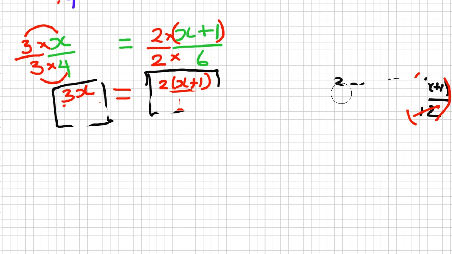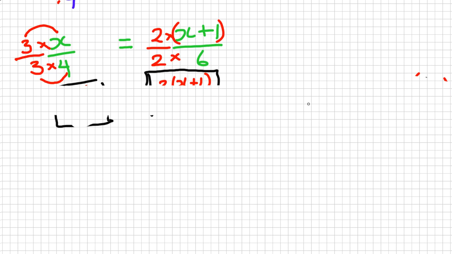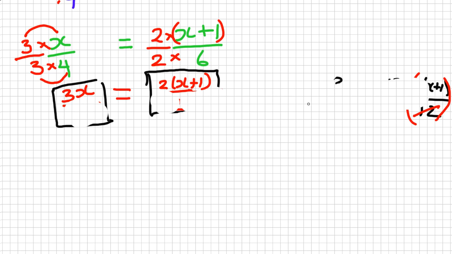So now where we're at is we have, let me write this out again, we've got 3x equals 2 times x plus 1. There we are. Now we're at the stage where we have an equation with repeated unknowns.